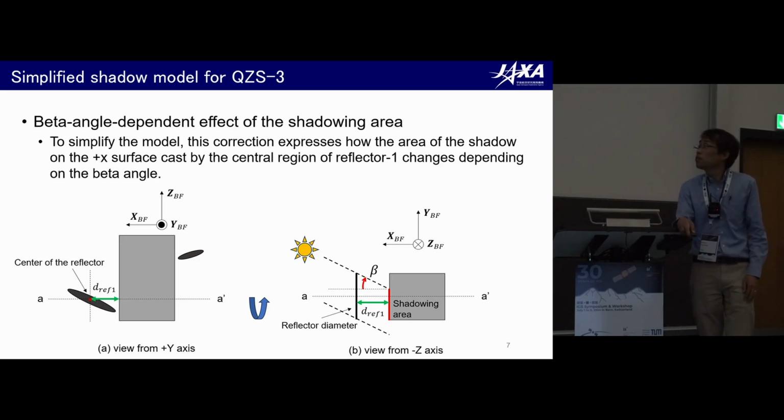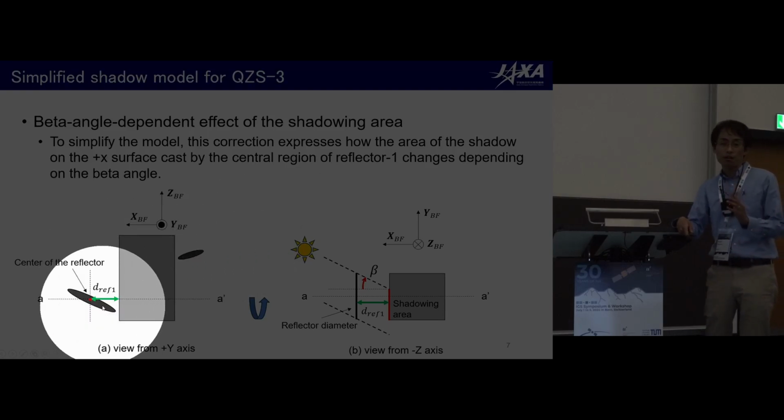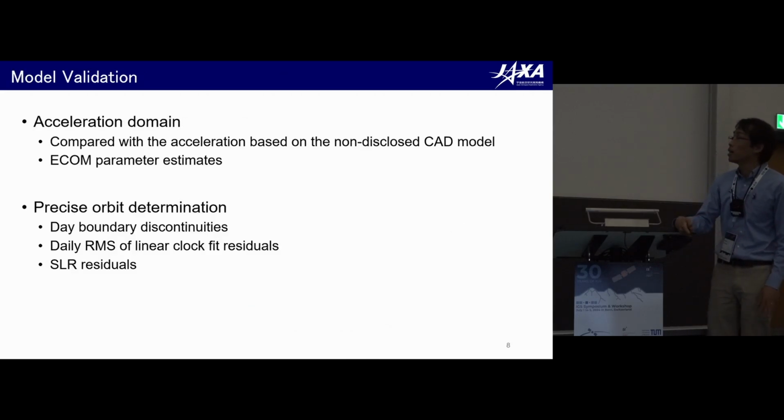But it is difficult to model this effect precisely. So to simplify the model, the correction expresses how the area of the shadow on the X surface cast by the central region of reflector 1 changes depending on the beta angle. So it is quite efficient to model the beta angle effect.